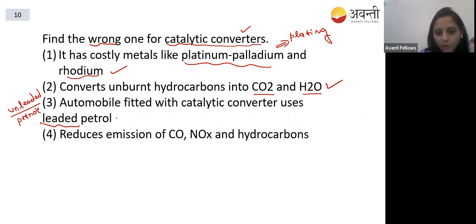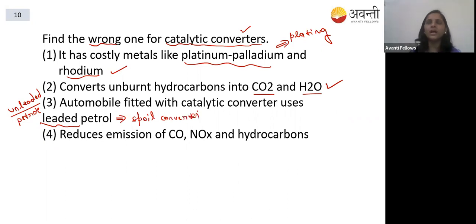So they suggest that for the vehicles fitted with the catalytic converter, they should not use leaded petrol. This lead will spoil the converter. So that is a wrong option, right? They have to use unleaded petrol.